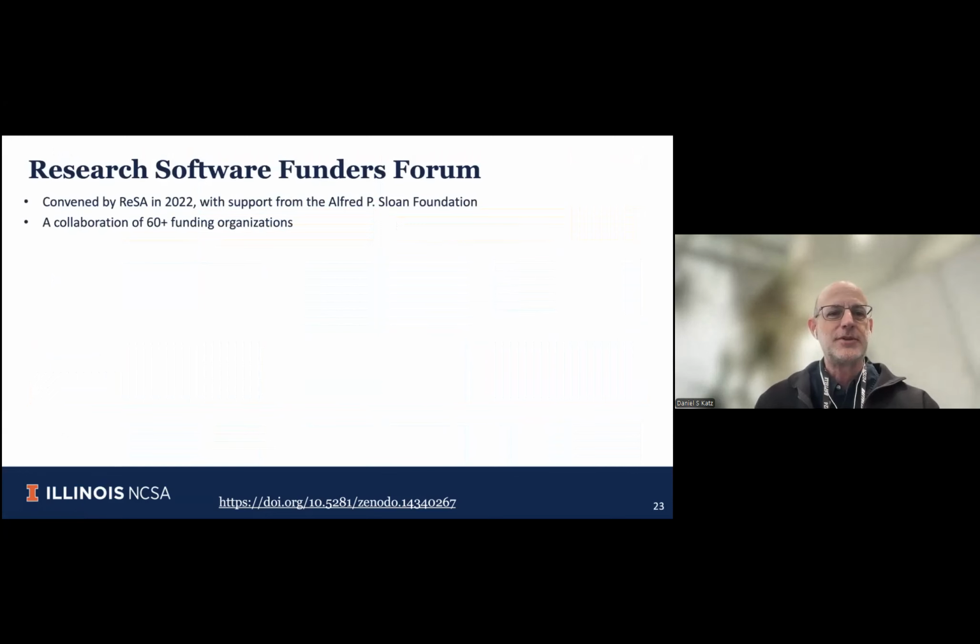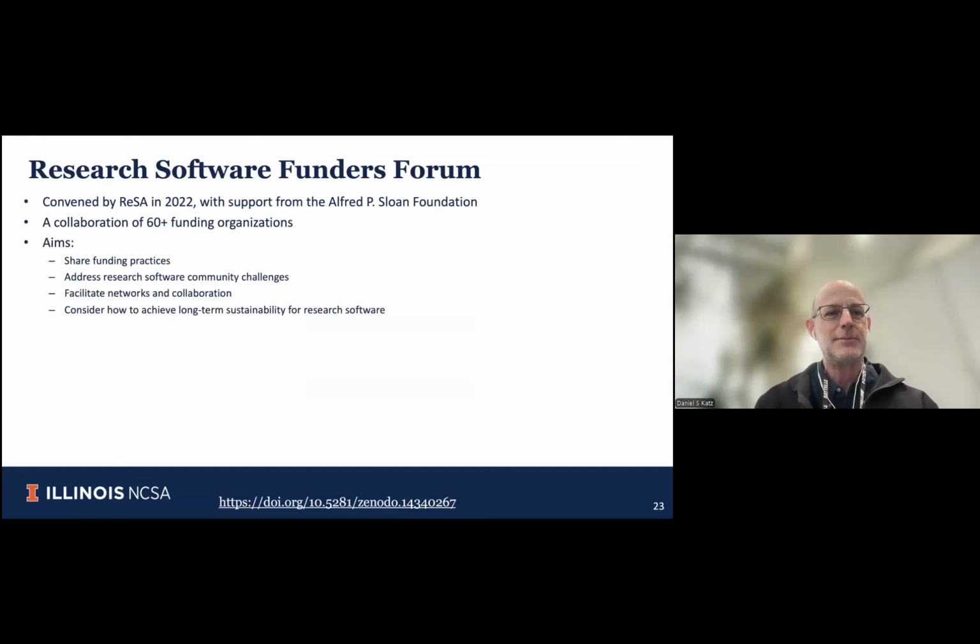It's a collaboration of about 60 funding organizations worldwide, and the aim is to share funding practices, particularly about research software engineering, the role of software in research, the role of software in publications, etc. We want to address research software community challenges, facilitate networks and collaboration among those funders, and consider how to achieve long-term sustainability for research software, so that when funders support software, whether directly or indirectly, that software continues to be around and be useful, and they don't then have to give additional money to somebody else to build something similar the next year.